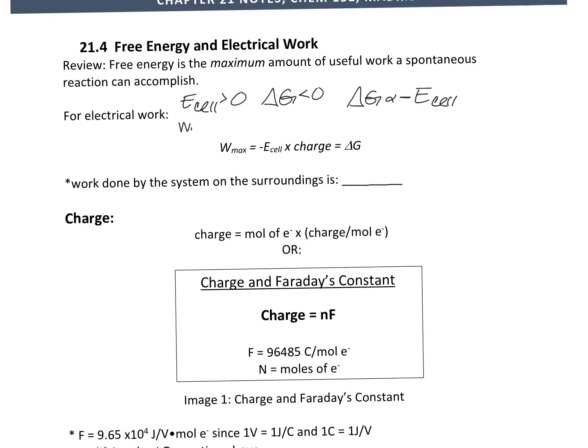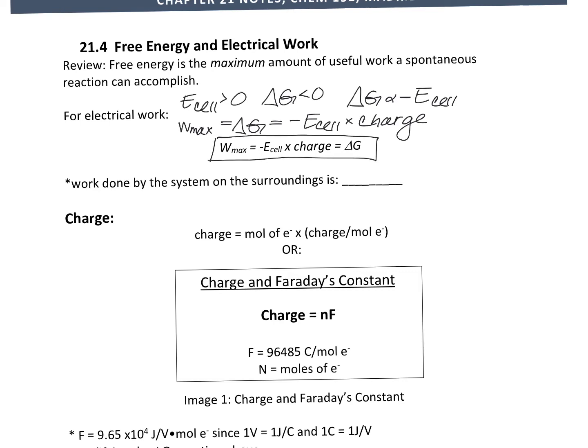We know that the maximum amount of work that can be done by a system for a spontaneous reaction is equal to the change in free energy, which now we know is essentially equal to negative E cell times a proportionality constant, which in this case is charge. So we're looking at flow of electrons. So the total amount of work that can be done is equal to negative E cell times the charge, which is summarized right here.